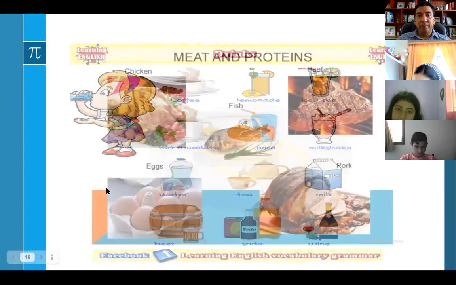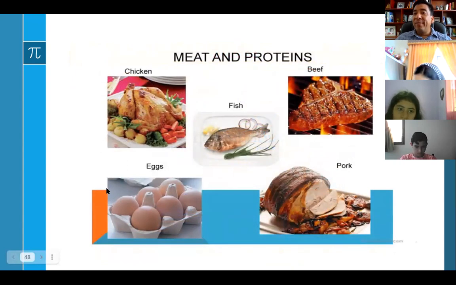Let's continue with this. We also have the meat and proteins. Meat, okay? The meat. Okay, and when we refer to the meat, we have, for example, the chicken. We have the fish. We have the beef. You know the beef, la carne de res, the beef. We have the eggs. We have the pork.